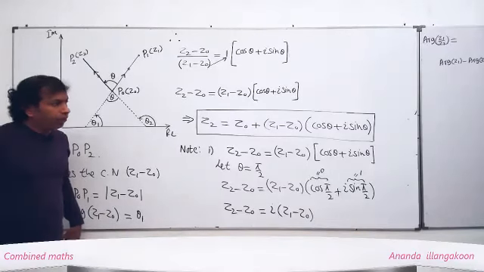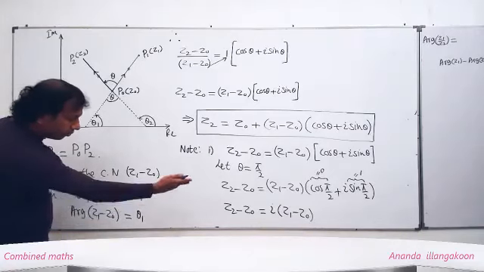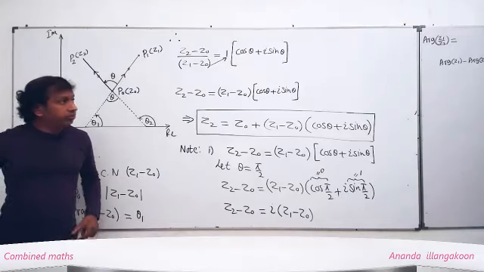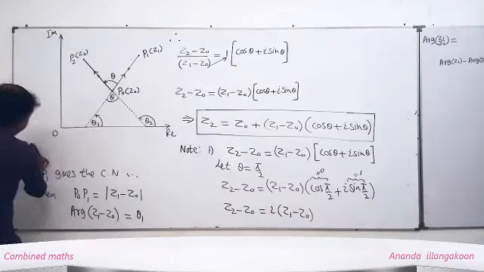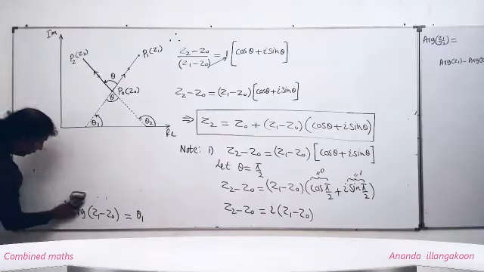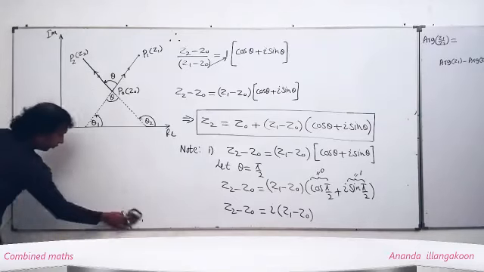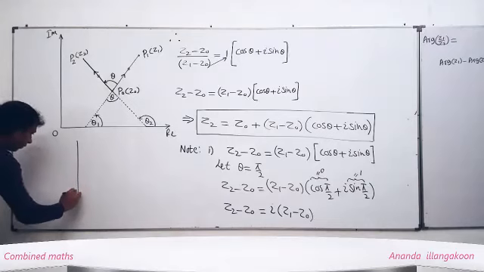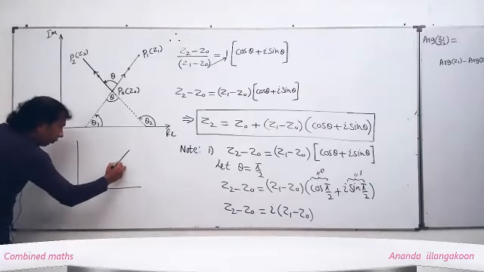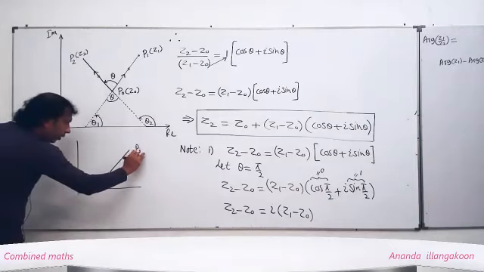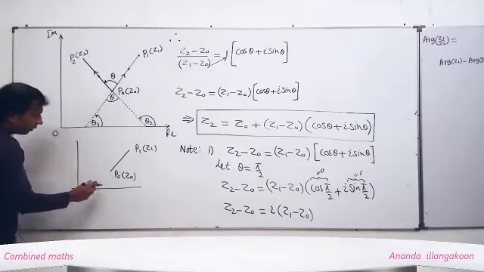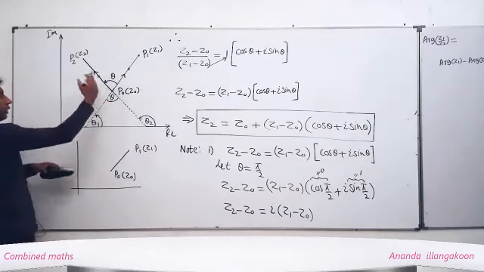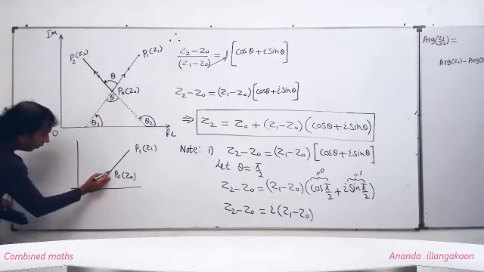Now what is the result here? Shall I draw the diagram for this result? When I draw it, for this result, what we get is this. P0 P1 is here, a line segment. This is Z1. This is Z0. Right. So now theta is pi by 2, and we have rotated it in anti-clockwise sense. Then this is the new position.